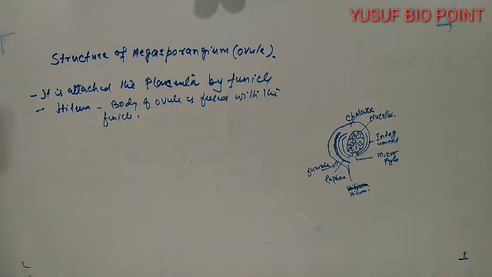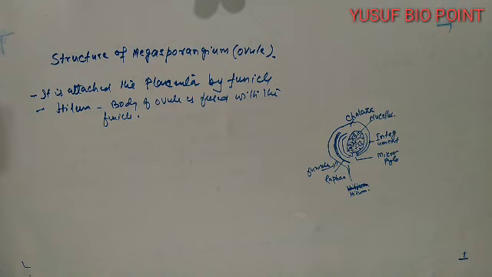Now this is the integument. In between, a mass of cells encircled by integuments is called nucellus, and it is the nutritive part.